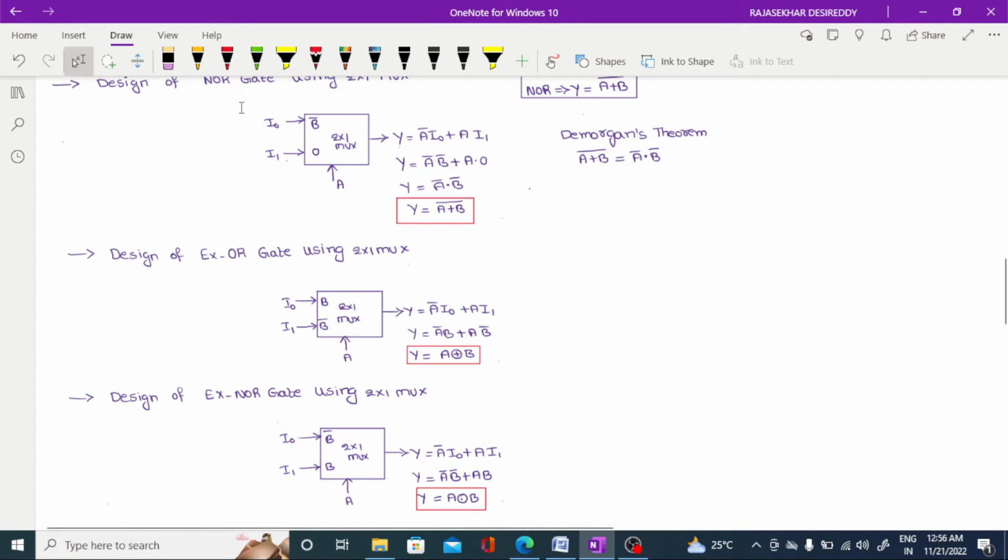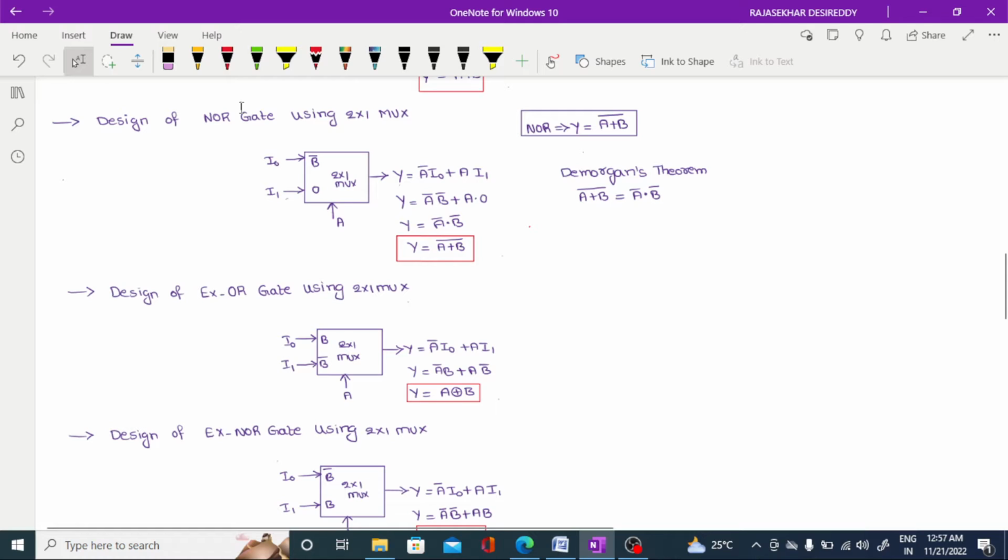So this is our NOR gate, with b bar and 0 as my inputs. Apply the formula and substitute those values, and you will easily get a bar into b bar. From the De Morgan theorem, we know that it is a plus b whole bar itself. So it is easy compared to the OR gate. The NOR gate design is very easy here. So with the help of a 2 by 1 mux we can design the NOR gate also.